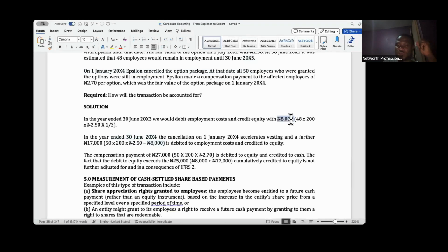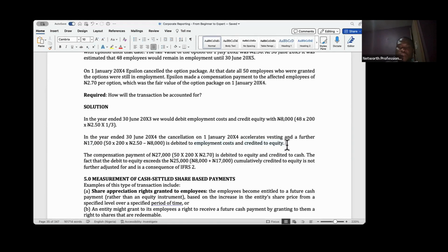That means the unrecognized amount is 17,000, which I need to recognize right away because the employer said he's not doing it again. So there will be an acceleration of vesting. That 17,000, take it to employment costs, P&L. The other leg goes to equity.